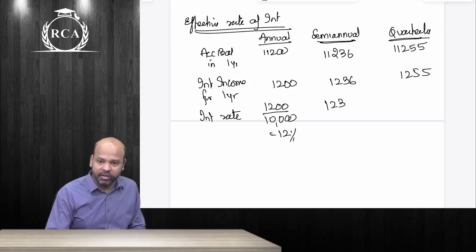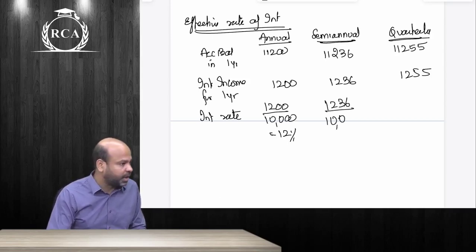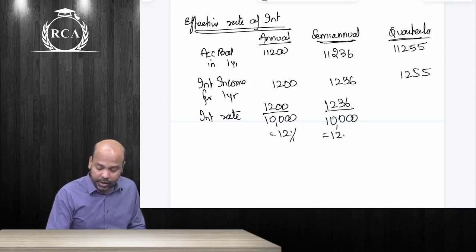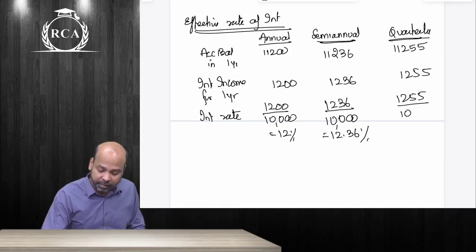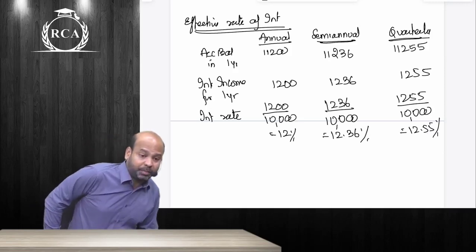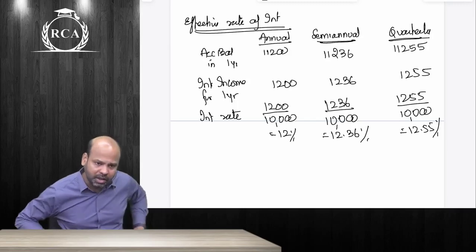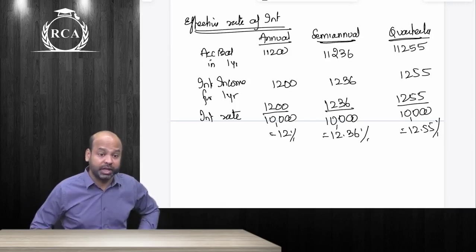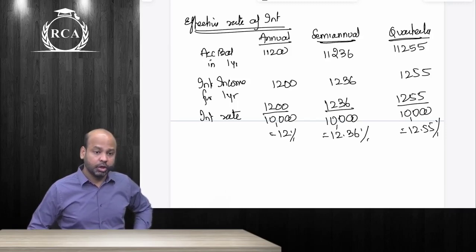Next case, it will be 1,236 divided by 10,000. That will become 12.36%. Next case, 1,255 divided by 10,000, 12.55%. Paying out 12% per annum on a monthly basis is as good as effectively realizing 12.55% in a year.